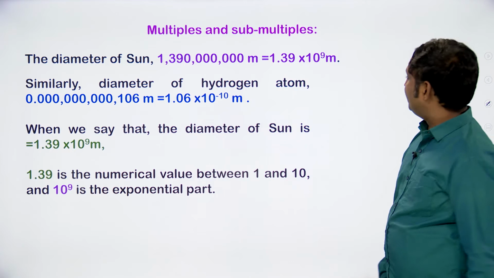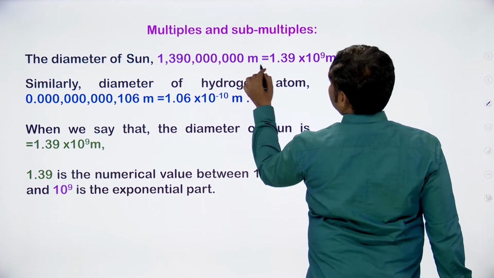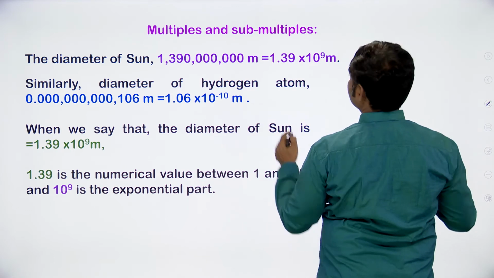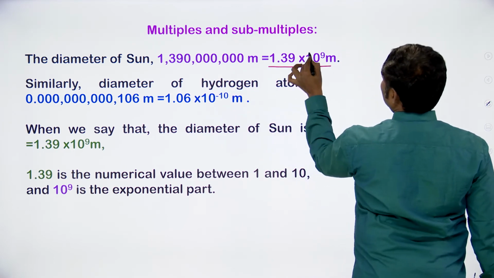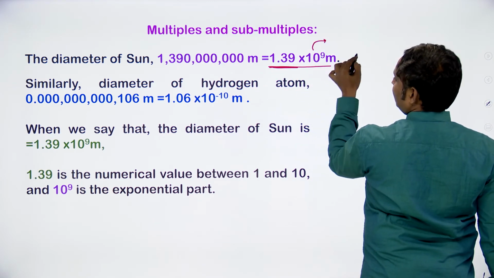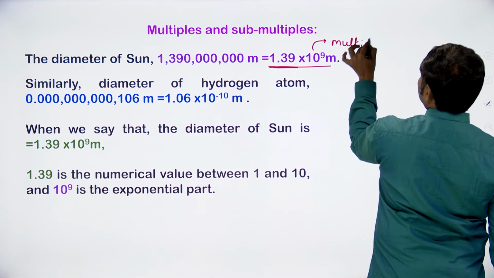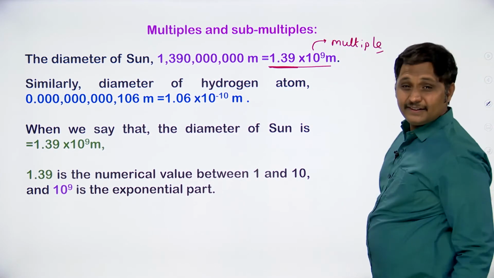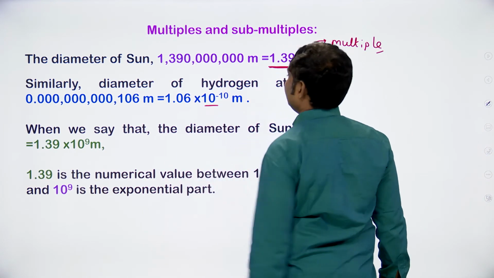What we have seen, everyone has to identify: this is the numerical value, this is the multiple.